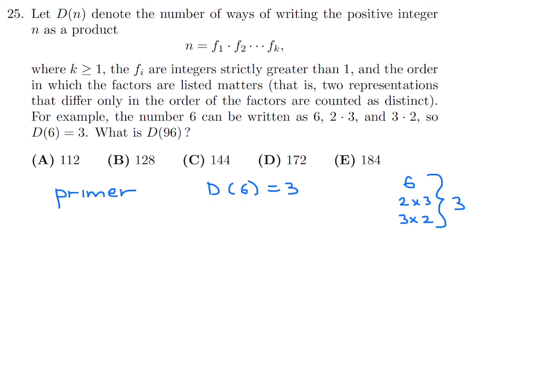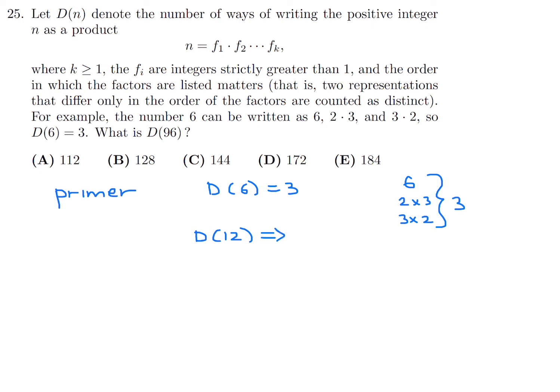All right, now I want to see, is there a relationship between different D's? So for example, if I have D(12), can I write that as a relationship with other D's? Let's see. What is D(12), for example? We can figure that out pretty quickly.